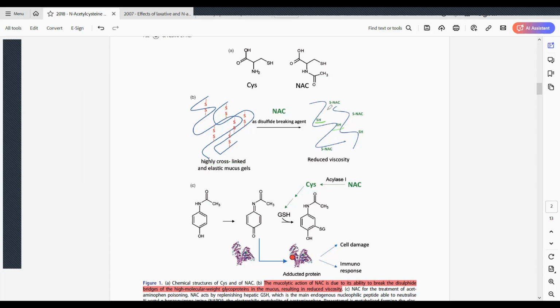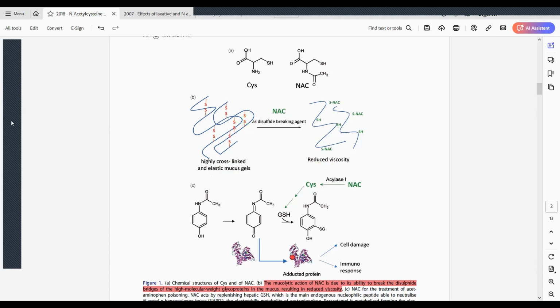These are not disulfide, they're singular sulfide bonds. When you get disulfide bonds, that makes the mucus thicker and elastic and more viscous. And NAC will break down these disulfide bonds and make the mucus thinner, reduce viscosity so it can flow better.